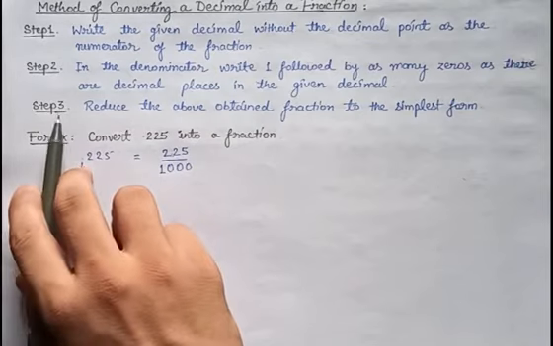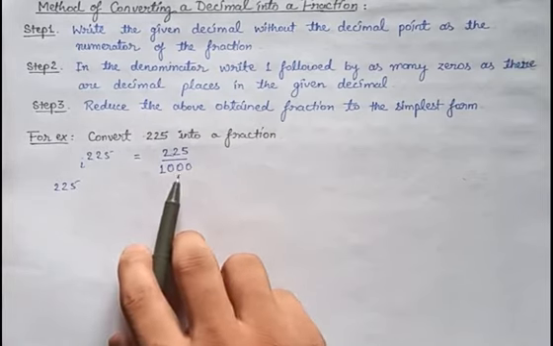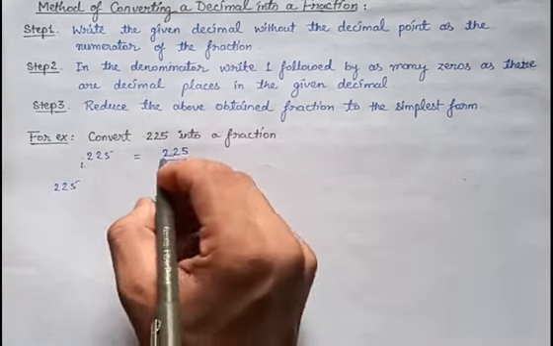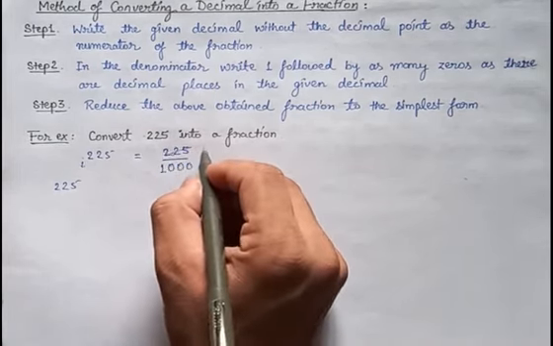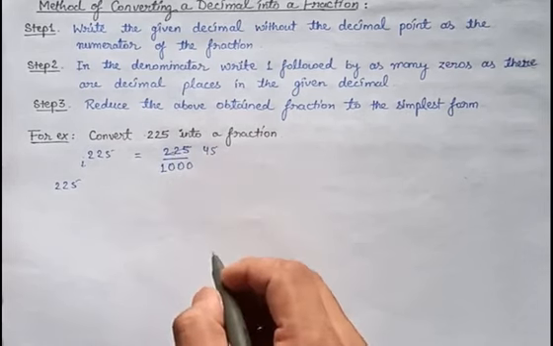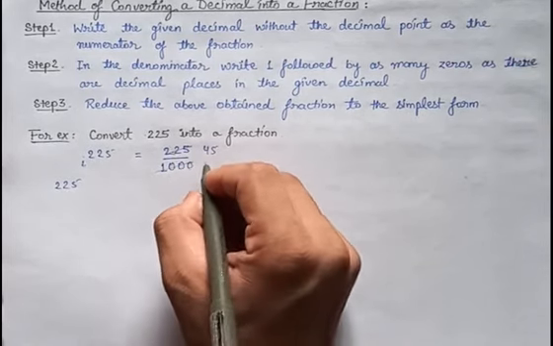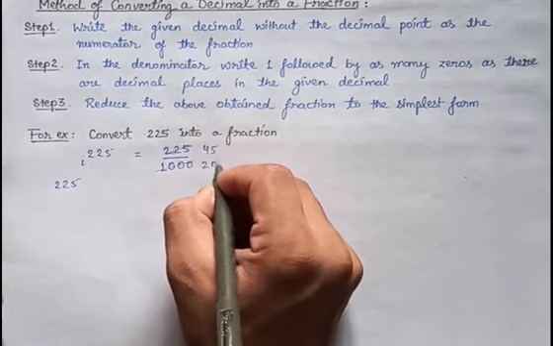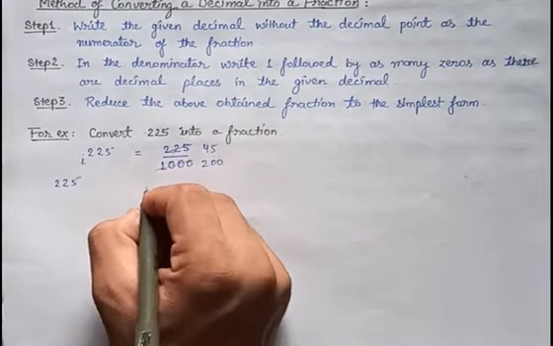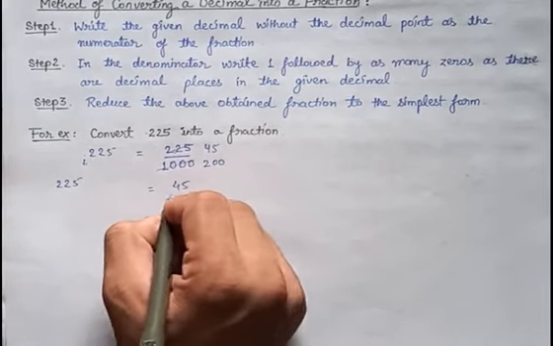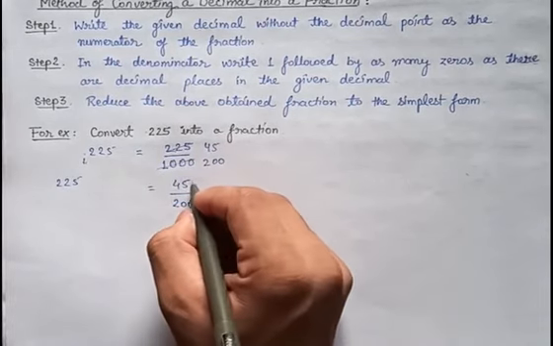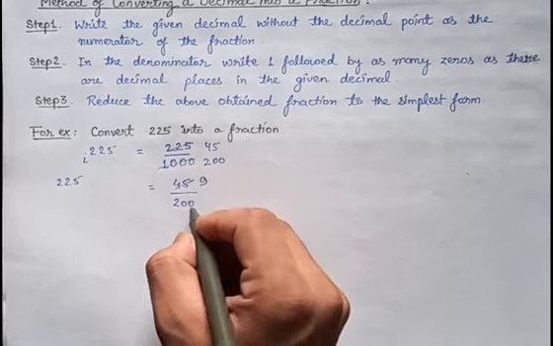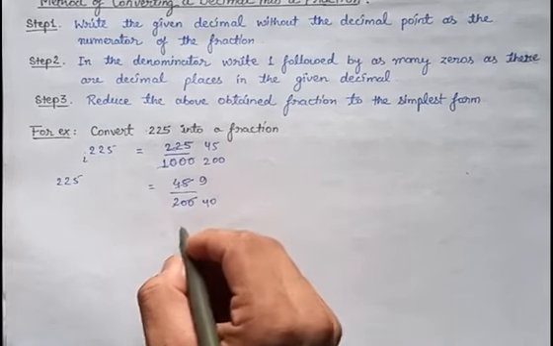Now in step 3, we have to reduce the fraction to simplest form. So let us cancel it. 5 times 45 is 225 and 5 times 200 is 1000. So again we have 45 divided by 200. Again it can be simplified. 5 times 9 is 45, and 5 times 40 is 200.